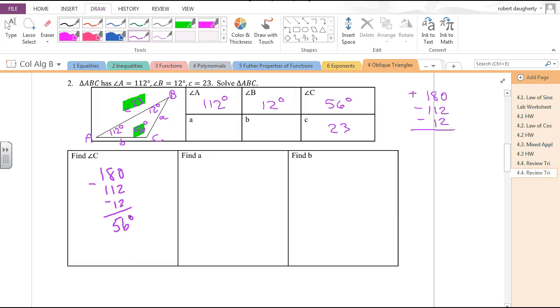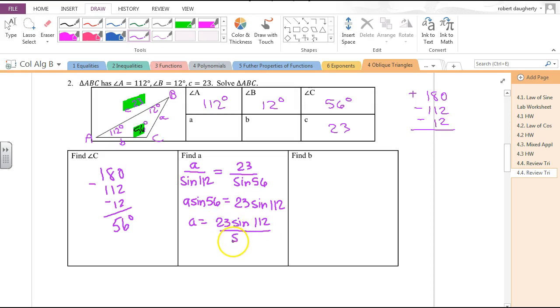To find side a, I know that a divided by the sine of 112 is going to be equal to 23 over the sine of 56. If I cross multiply, a times the sine of 56 equals 23 times the sine of 112, or a equals 23 sine 112 divided by sine 56.